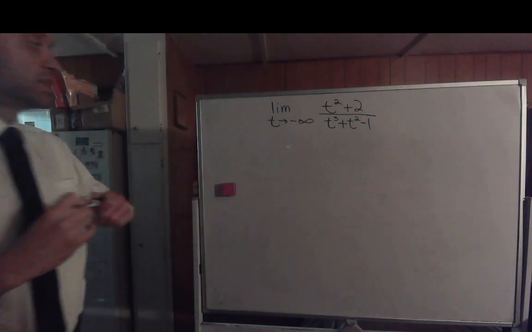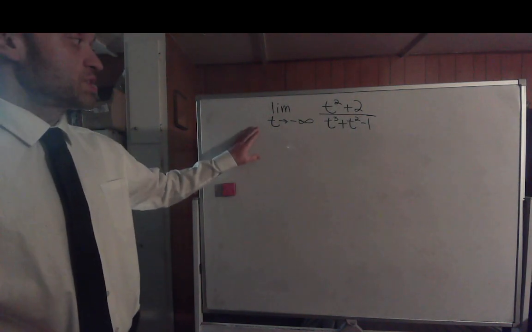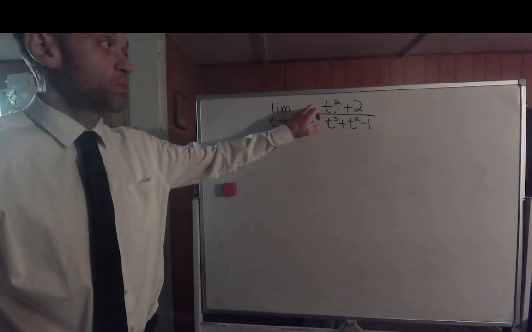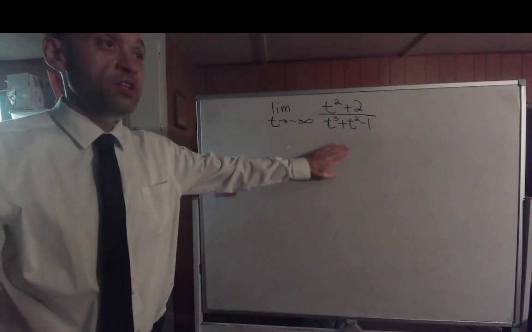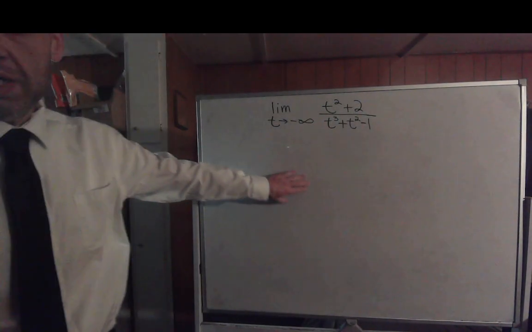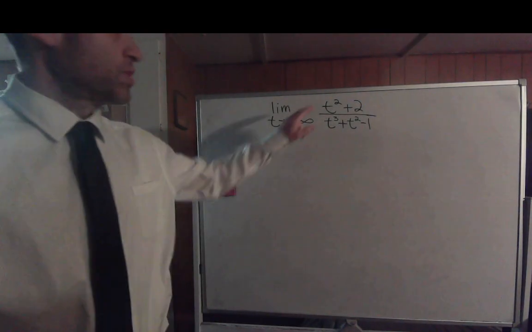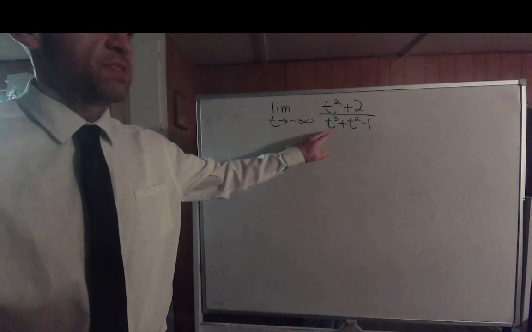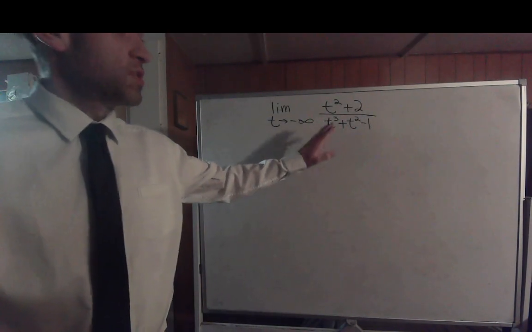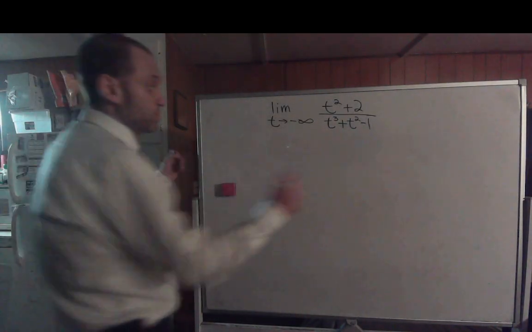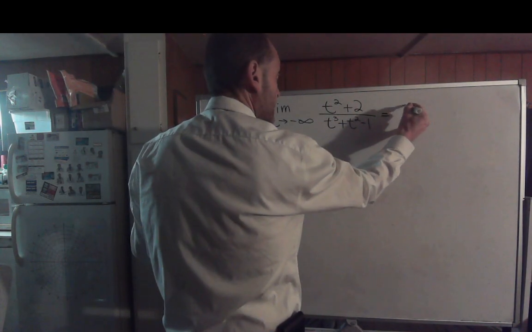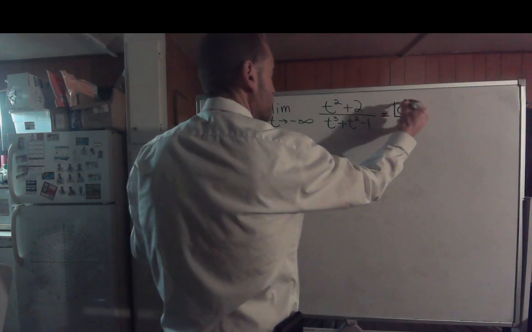So we have the limit as t approaches negative infinity of t squared plus 2 all over t cubed plus t squared minus 1. Well, notice the degree of the numerator is less than that of the denominator, so by default the limit's going to be 0. We don't even have to do anything with it. The limit is going to be 0.